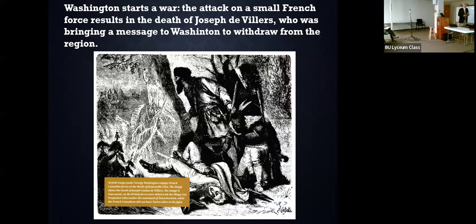But Jumonville is injured badly, and the papers are produced, but Washington and his people don't speak French with any degree of competence. So they don't really understand what's going on.